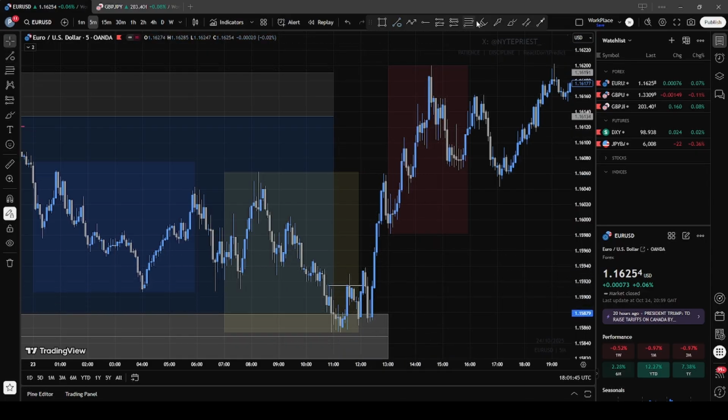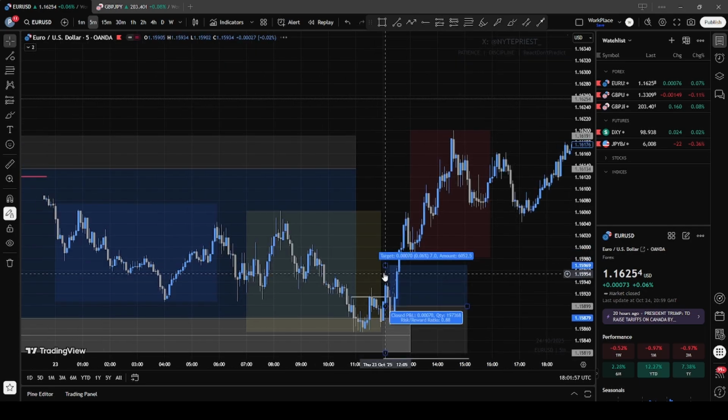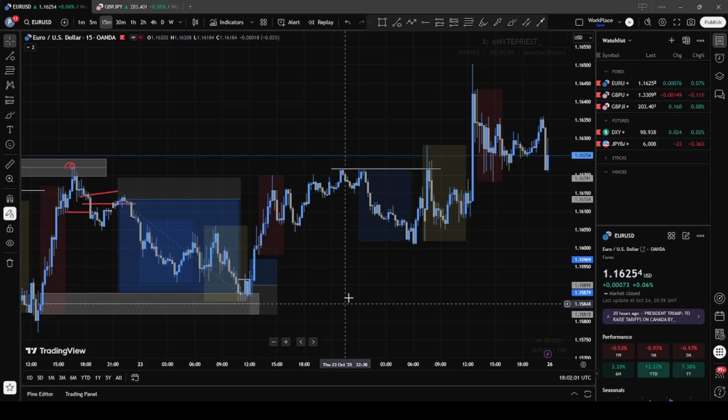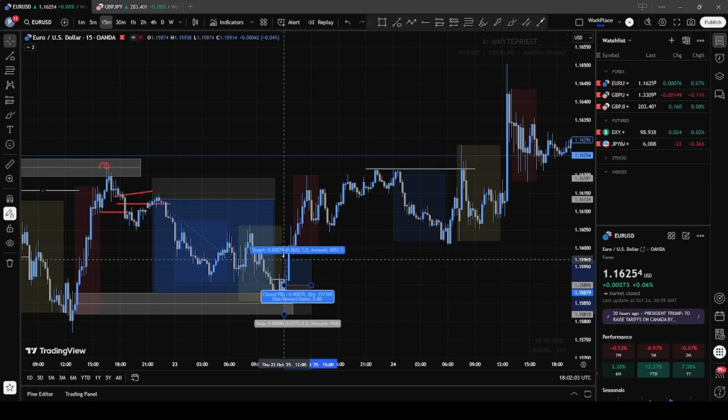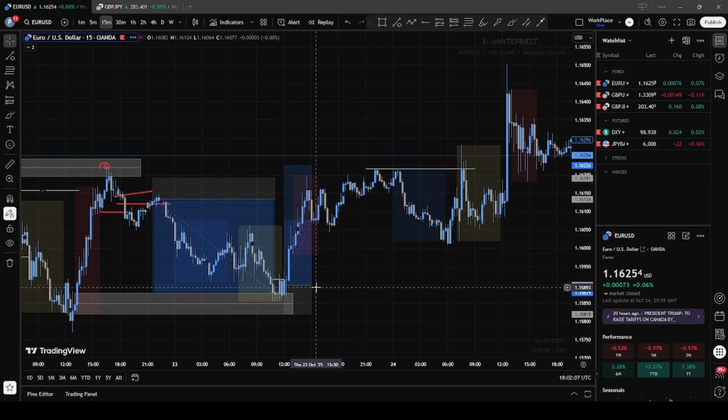I got a candle closure here. That was when I took this trade on this other block. My stop loss was below this block here, and my take profit was up here, for a 1:4 risk reward.